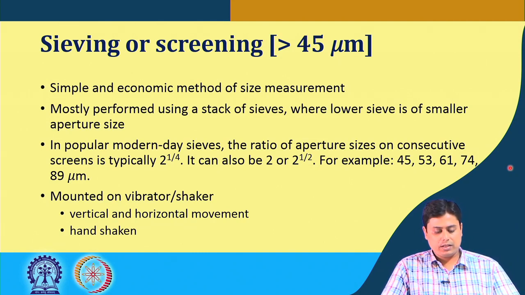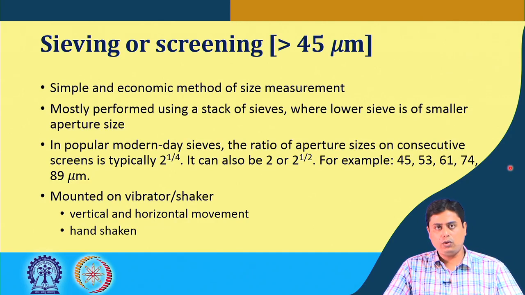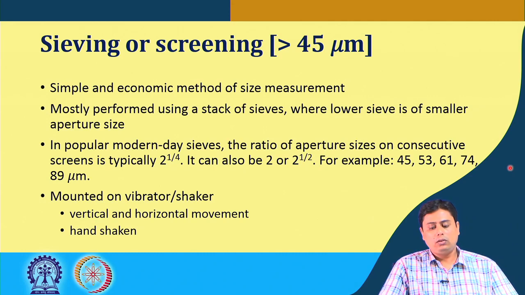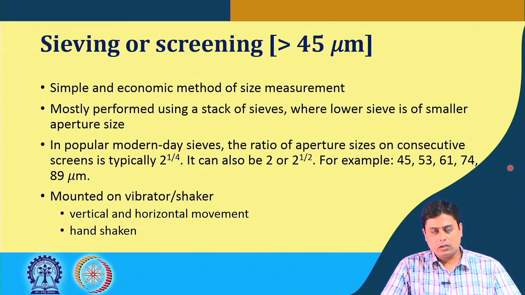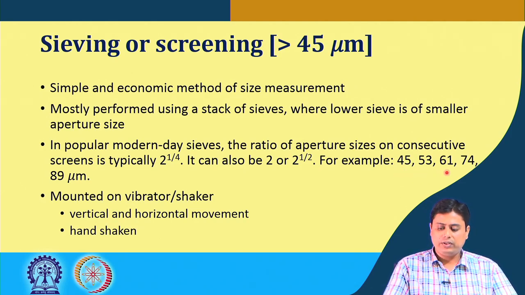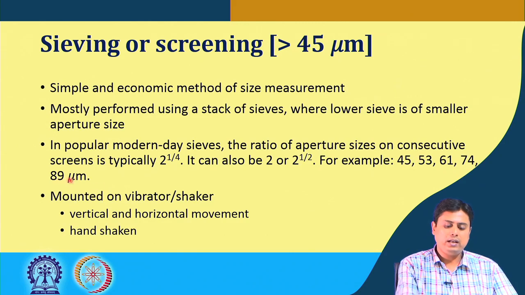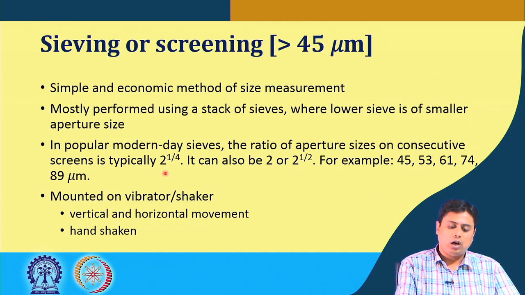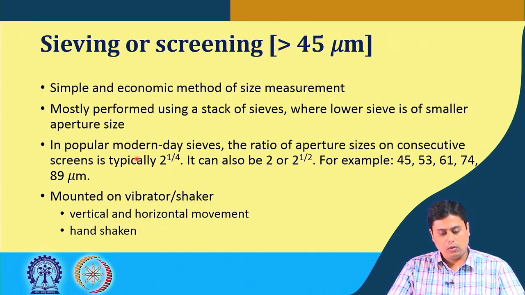In modern day applications and in the popular sieves, the ratio of these aperture sizes on consecutive screens is typically the fourth root of 2, but it also can be 2 or square root of 2. So, the popular sizes, as I have mentioned here, are 45, 53, 61, 74, 89. If you see, this ratio 53 by 45 is approximately close to the numerical value of the fourth root of 2.